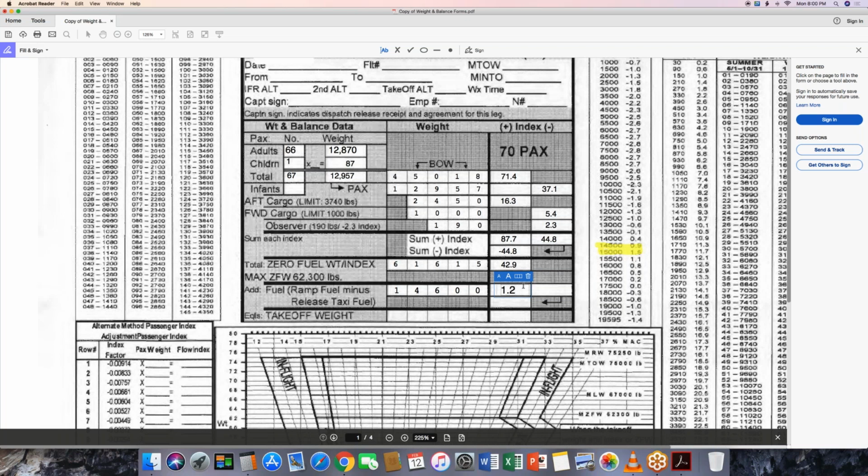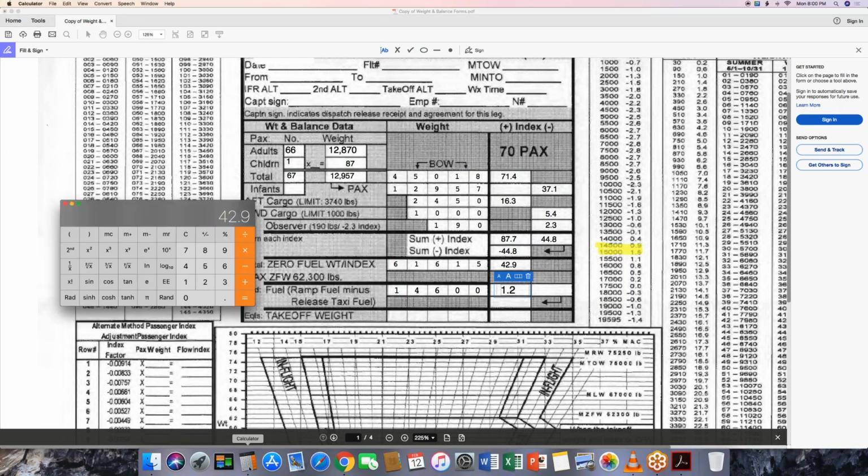Yeah, I agree with that, 1.0. So we just take 0.9, add a 1.5, and then divide by 2. Actually, 1.2.